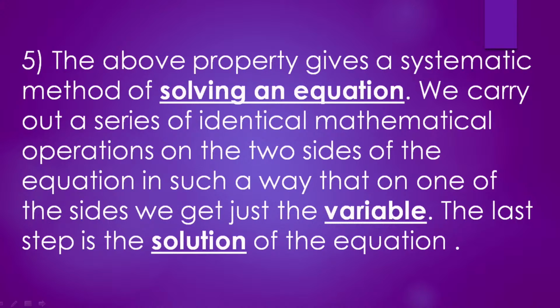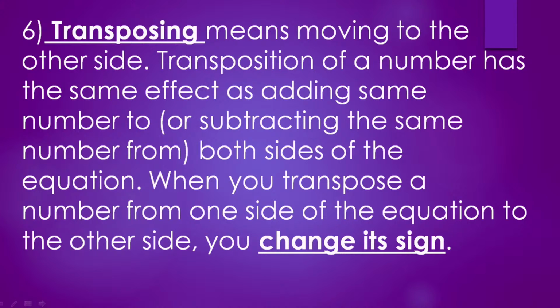Okay children, last point, the above property gives a systematic method of solving an equation. We carry out a series of identical mathematical operations on the two sides of the equation in such a way that on one of the sides we get just a variable. The last step is the solution of the equation. Okay, transposing means moving to the other side.